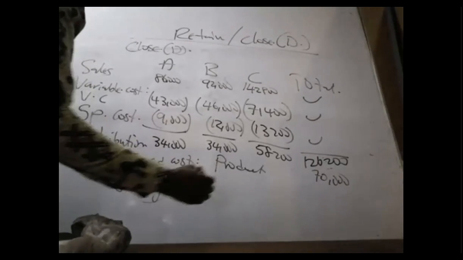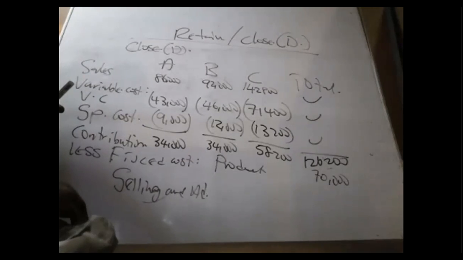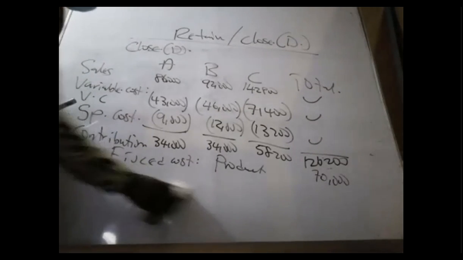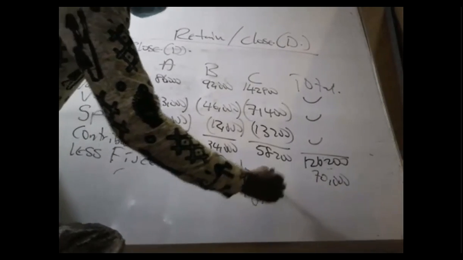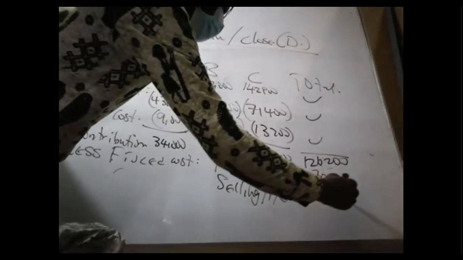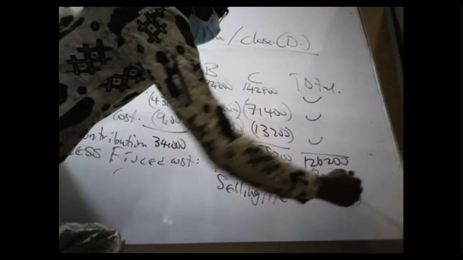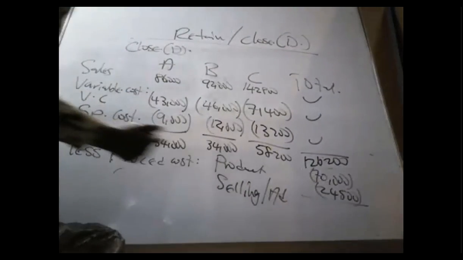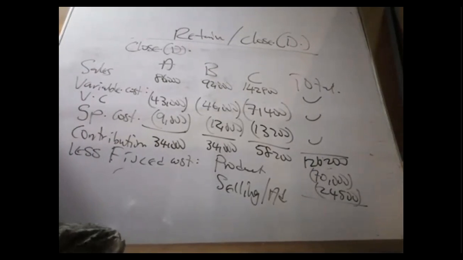We had 24,500, right? Yes, include it. But the 70,000 also include it.